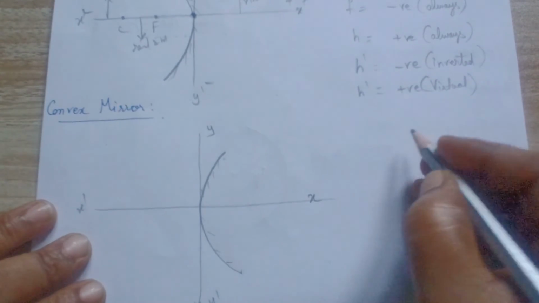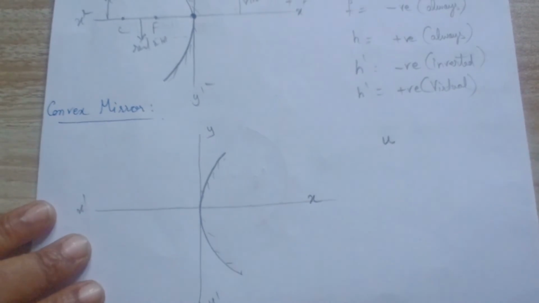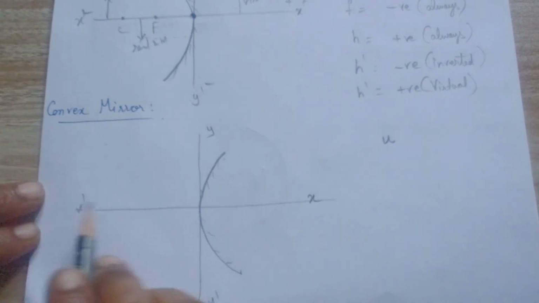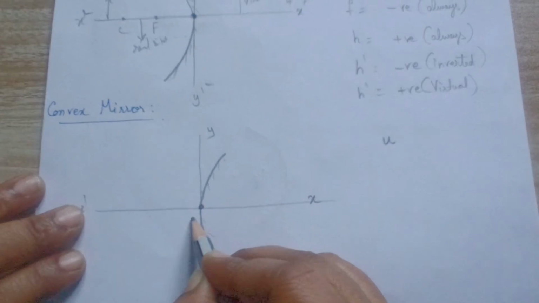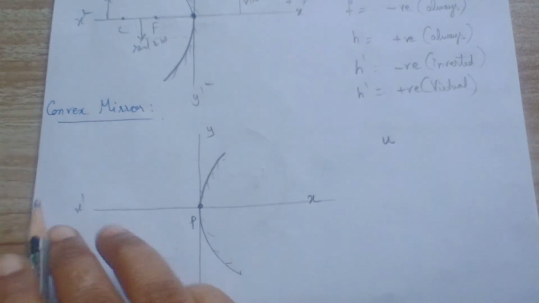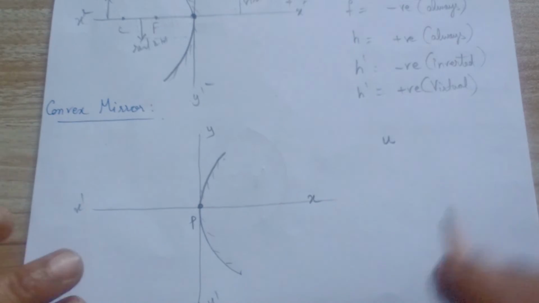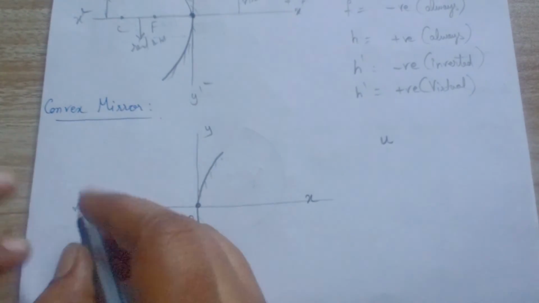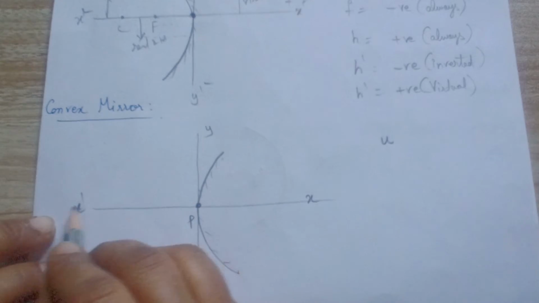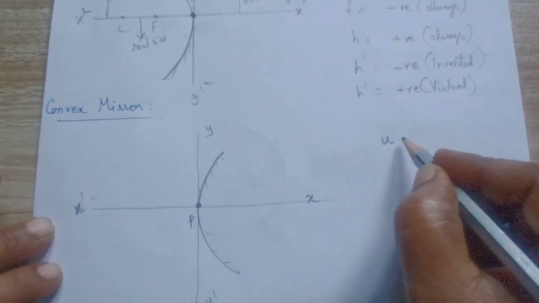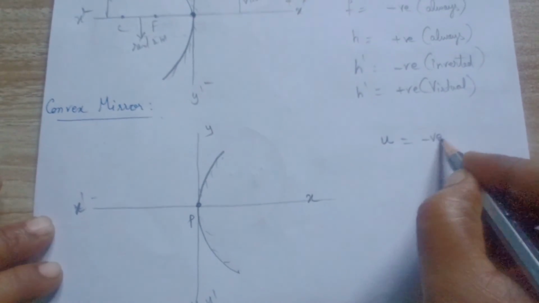Same thing. What is u? The object is always placed at infinity or at a finite distance from the pole. So always your u will be to the left side, right? Here the x value is negative. So u is negative.